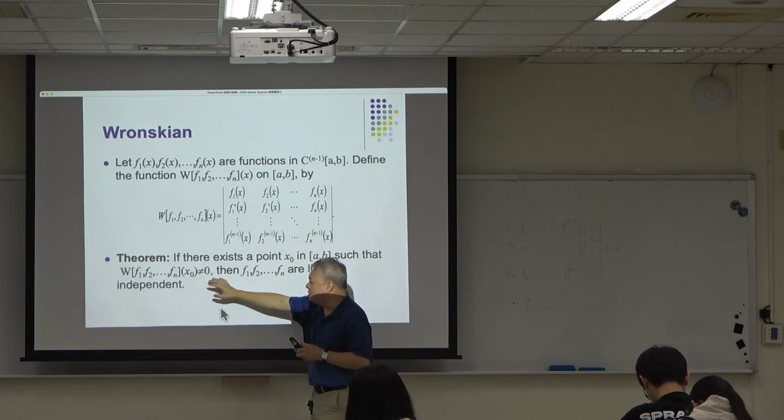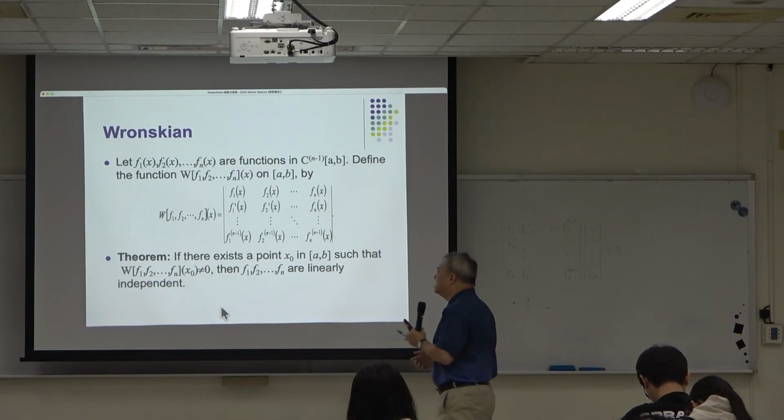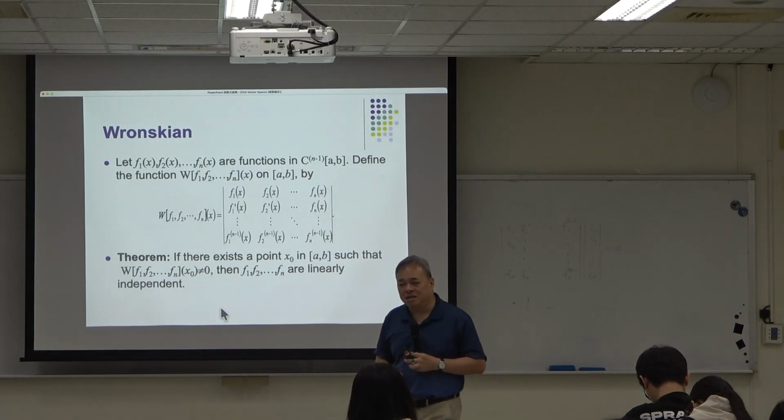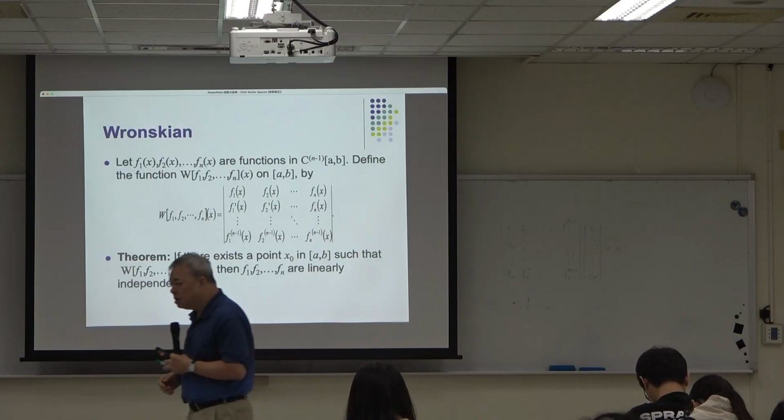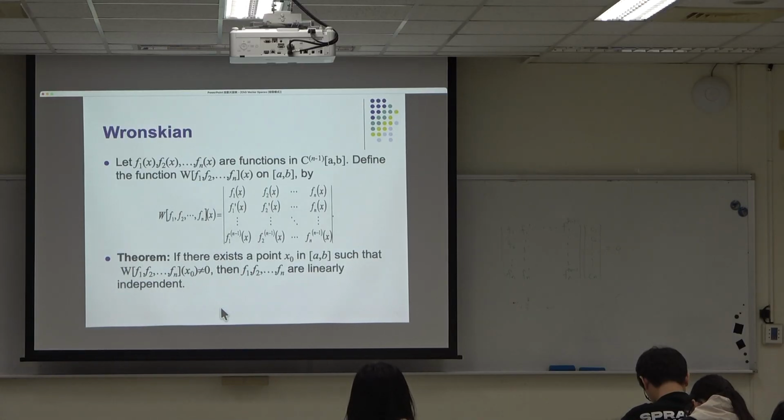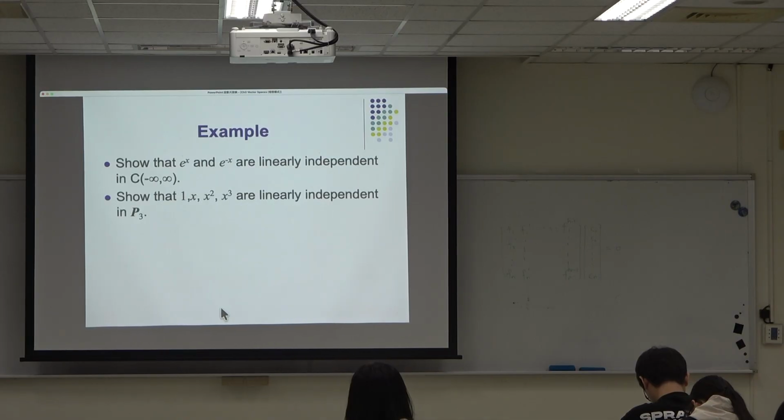If the determinant is non-zero, then we know these functions are linearly independent. Okay. So this is the last one that we will show, that these are linearly independent. I'm running out of time. Let's do it next time. Okay, let's do it next time.